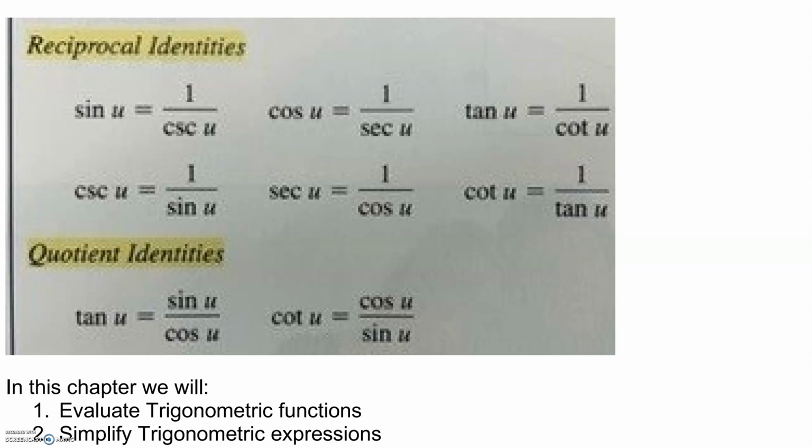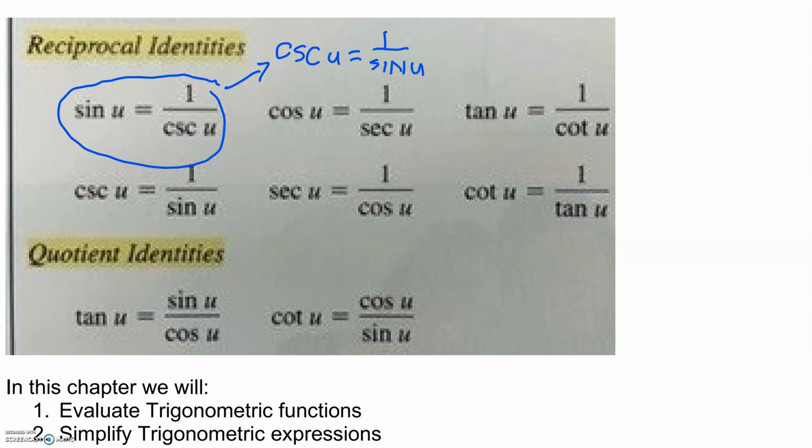So first off, a little bit of review. Hopefully you remember these identities from last chapter, right? Sine is the reciprocal of cosecant, cosine's the reciprocal of secant, and so on. Remember that also means that cosecant of u is equal to 1 over the sine of u, right?